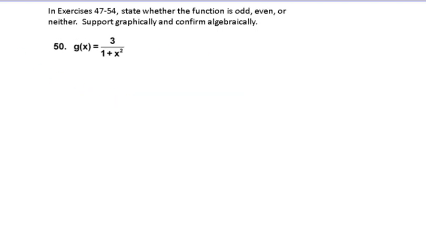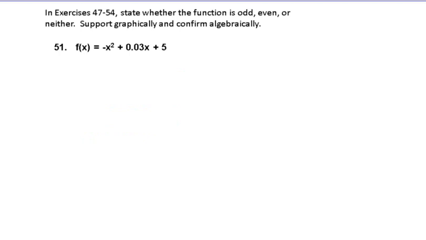Next, another problem, 51. We have f of x equals negative x squared plus 0.003x plus 5. Let's go again to the calculator.